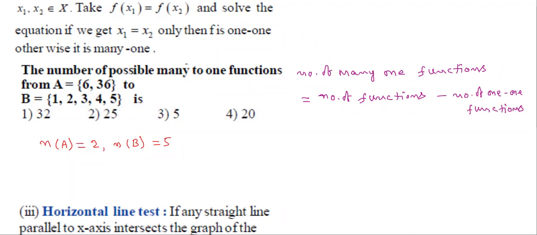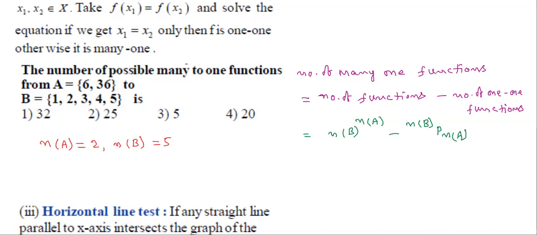What is the formula for the number of one-one functions? The number of functions is n(B) to the power n(A), minus the number of one-one functions, whose formula is n(B) P n(A).